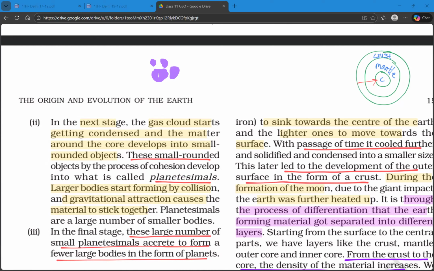So what is a planet? It is formed when smaller rounded objects called planetesimals combine by the process of accretion to form a larger body called a planet. So this is how planets are formed.